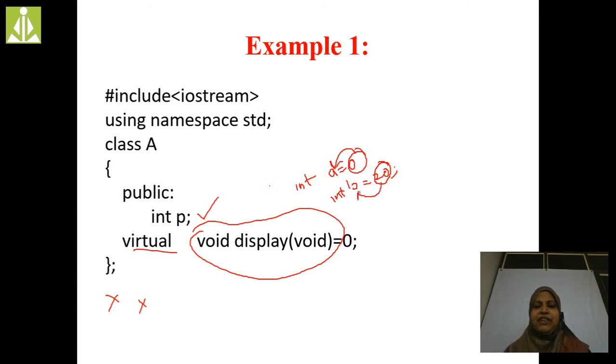But whenever we declare a function as a pure virtual function, we can assign the 0 value to the function also. That type of function is known as a pure virtual function. No function definition is there.